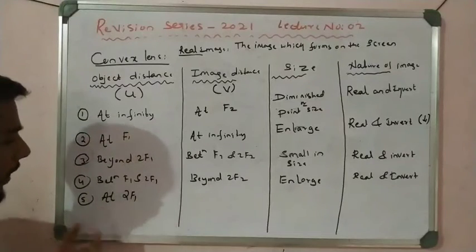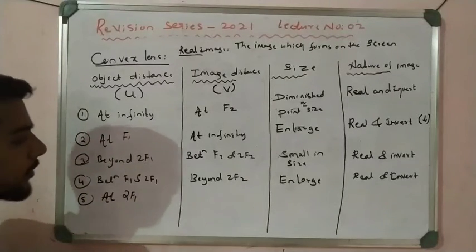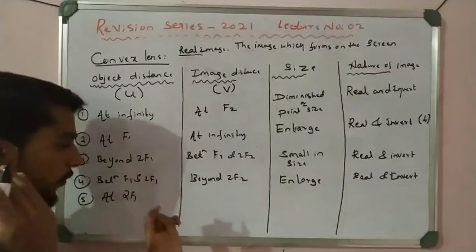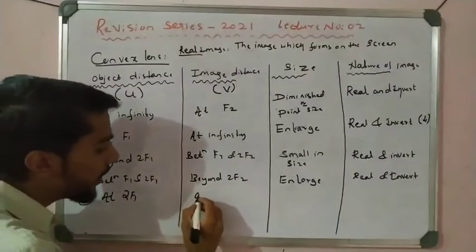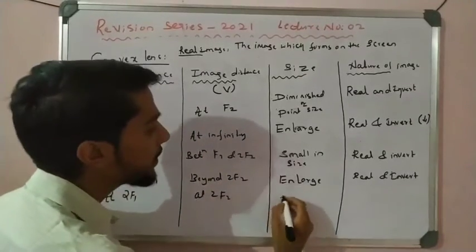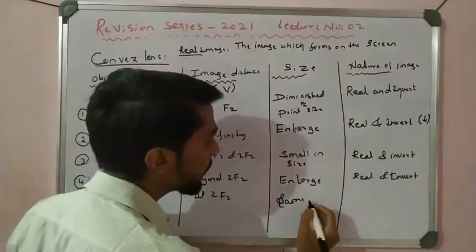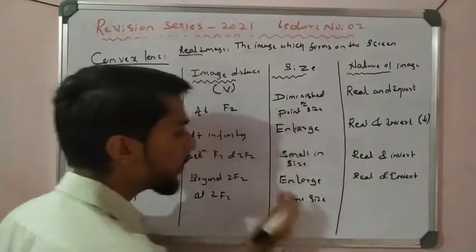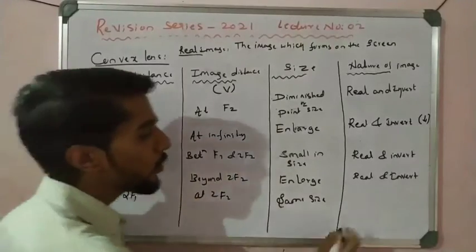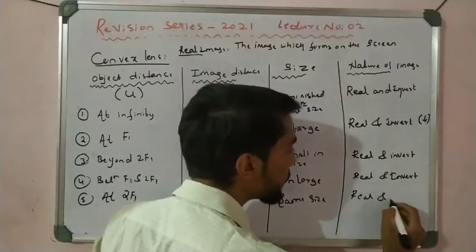So at 2F1, see what happened here? If I keep the object on the left side at 2F1, so what is here? The image is at 2F2, exactly on the right side. So what happened? Same size, the same size as that of the object. The object is 1 centimeter, the image is also 1 centimeter, same size. So it is also real and inward.